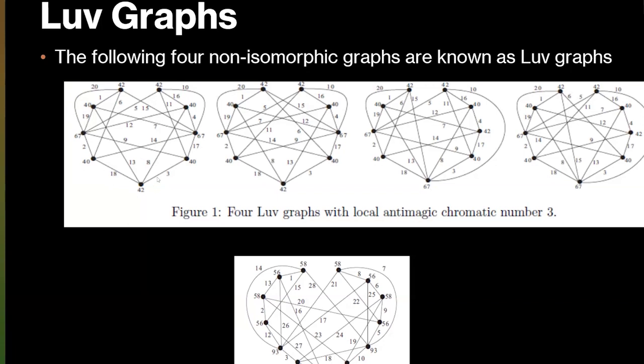And the graph that I construct must have order at least 9, and the order must be odd. And for order 9, I can only get exactly 4 non-isomorphic graphs. And I was able to show that all of them have local antimagic chromatic number 3.